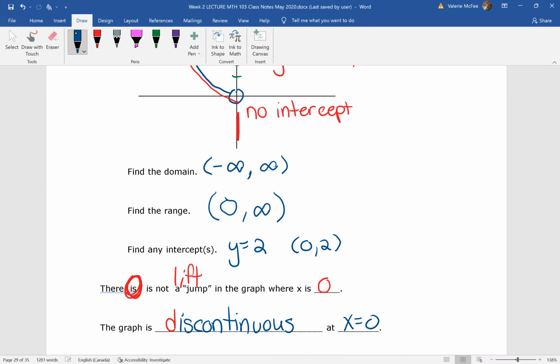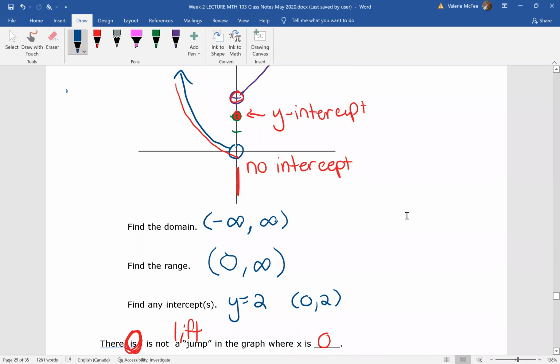So you're looking for that place on the graph where your circles are. If you have open and closed circles in a vertical line, just like we do here, then you have a jump, and then your graph is discontinuous.